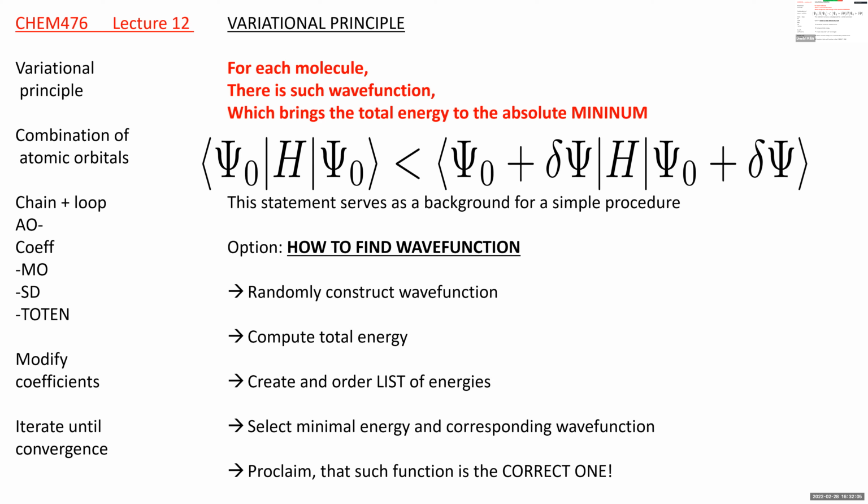For this wave function, there will be such energy. And then we repeat many, many times. So we create a random wave function, compute total energy, and then we order this list and find the wave function that gives the minimum of energy, which will be absolutely correct.